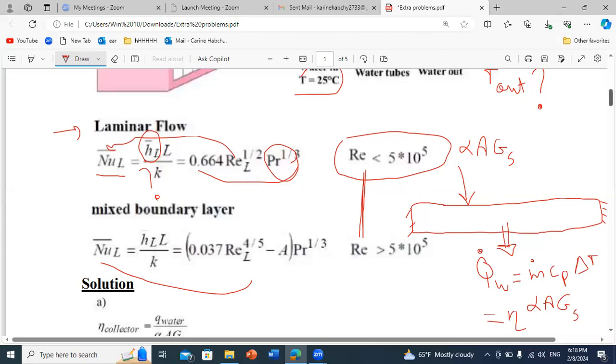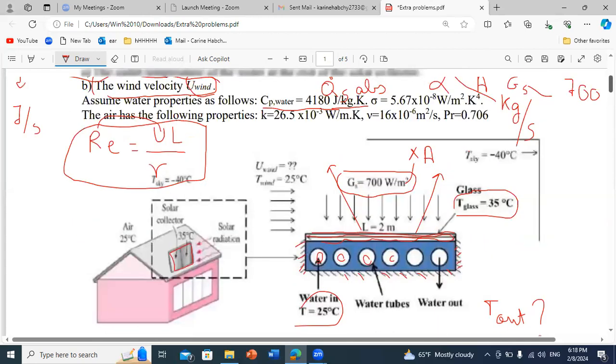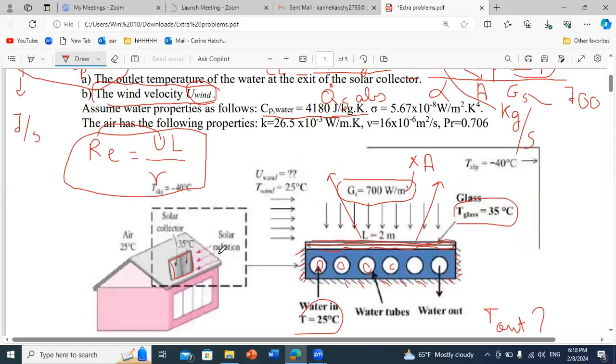They told you that you have convection with air, because if you go back to the figure, you have air that is blown over because of wind. You have air blown over your surface, so this will lead to heat dissipation by convection. So first I should illustrate the convective flux getting out, plus I also have a radiation flux.